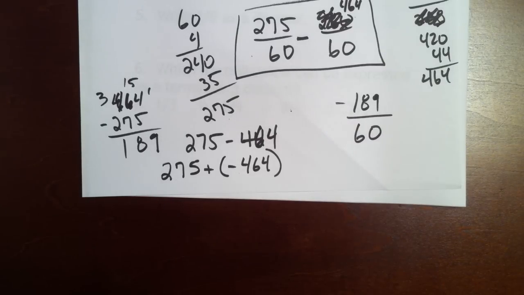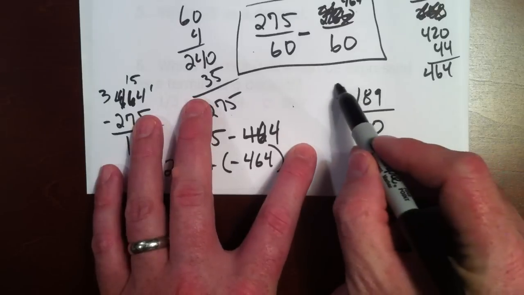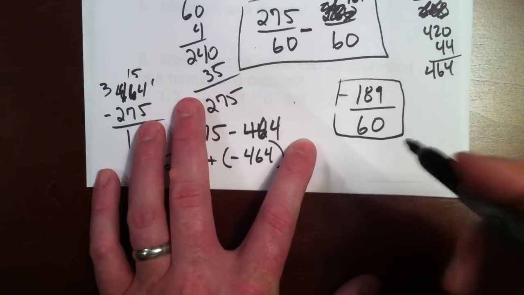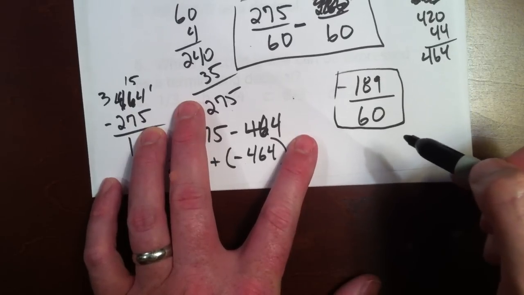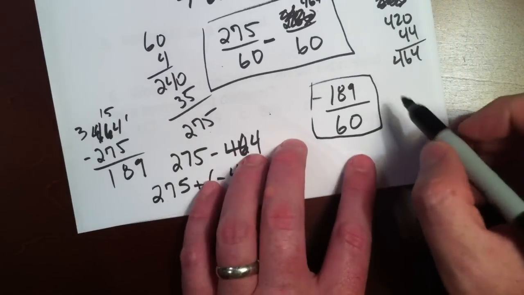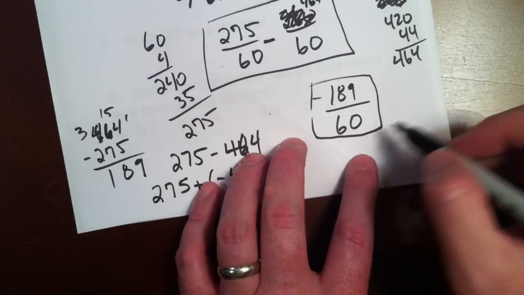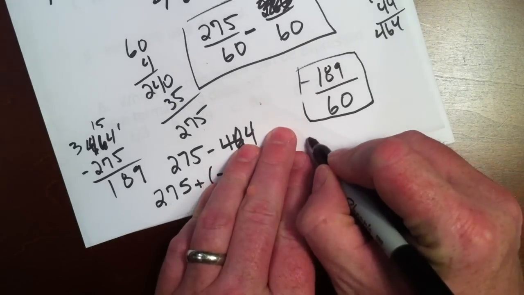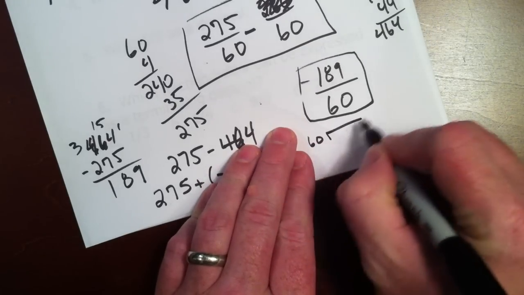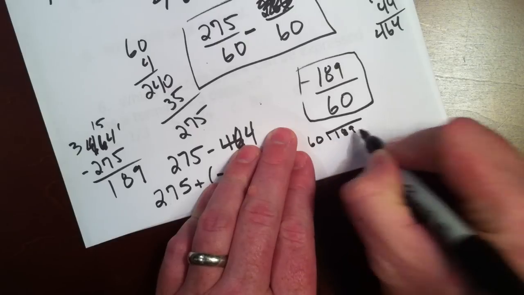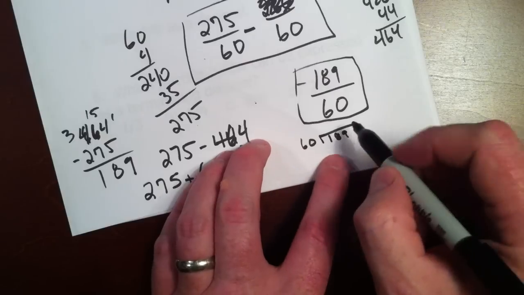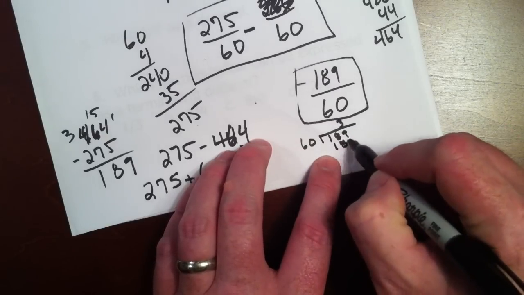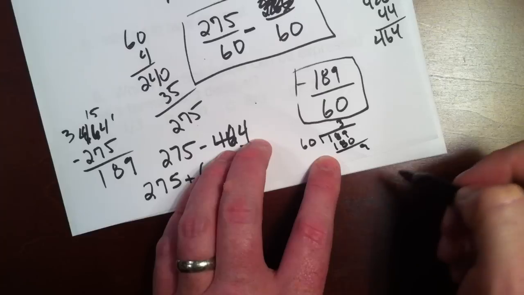Negative. Well, this is always incorrect form. This is an improper fraction. We have to change it back to a mixed number. And how we do that is 189 over 60 is simply 60 into 189. 60 will go into 189 3 times without going over, which leaves us 180 with a 9 remainder.